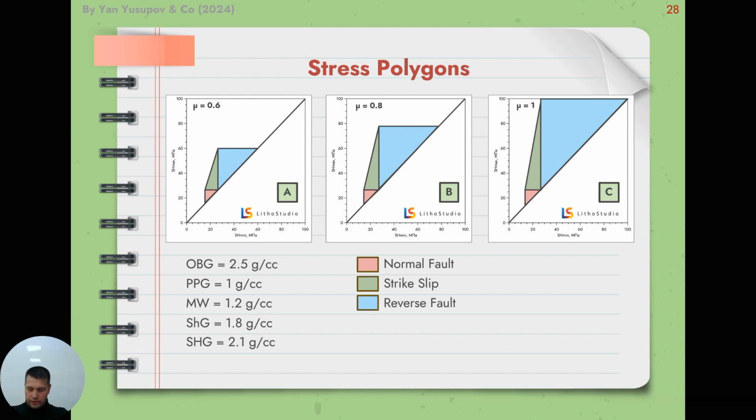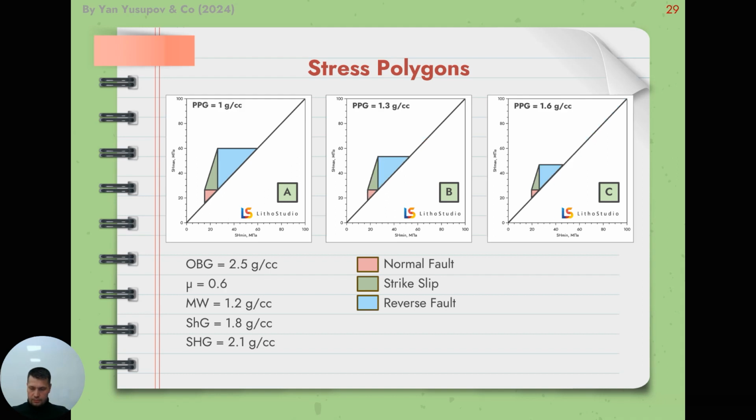On the figure, there is a comparison of three stress polygons. The stress polygon with mu equal to 1 is bigger than with mu equal to 0.6.